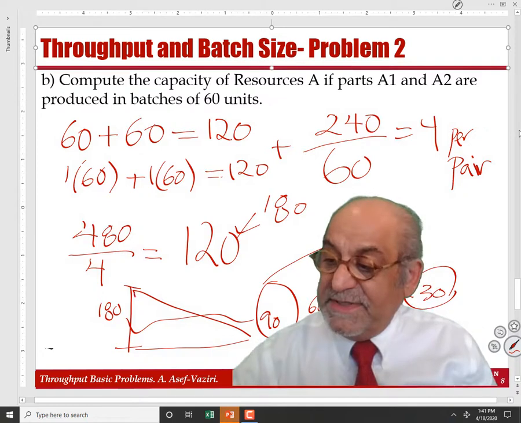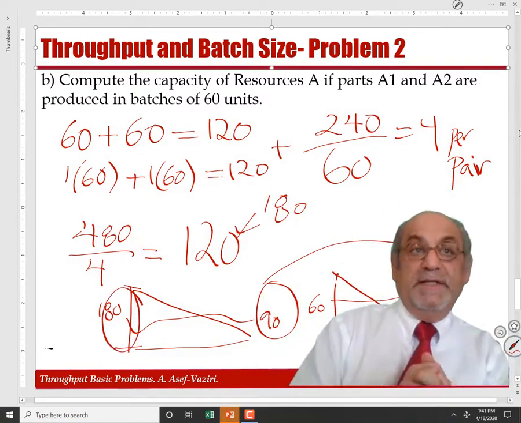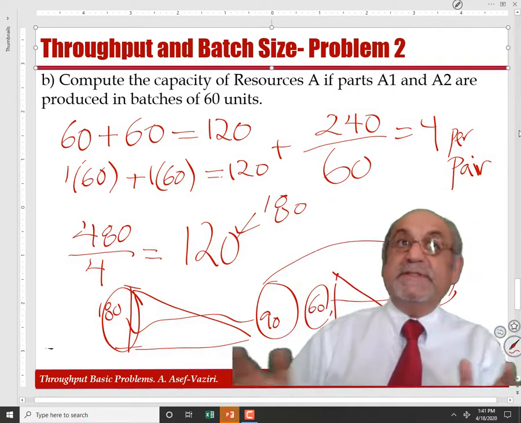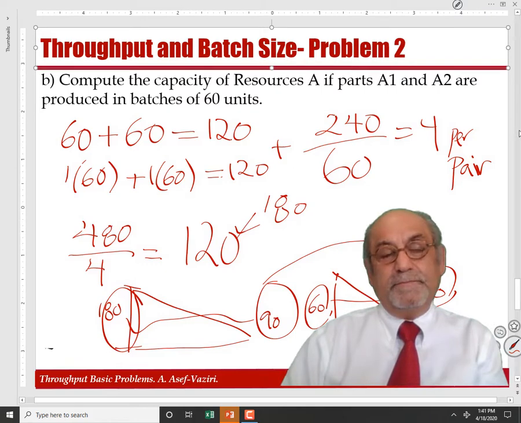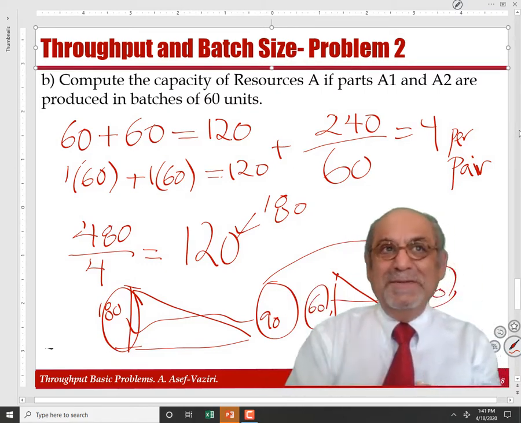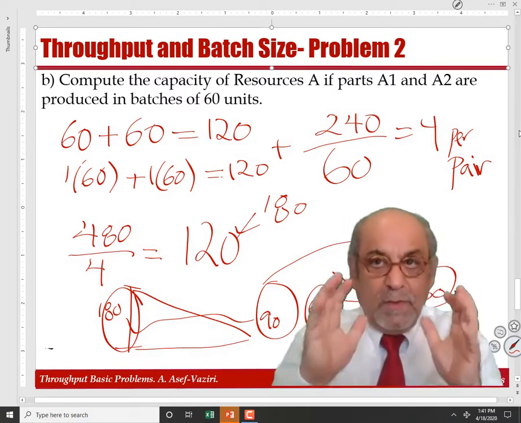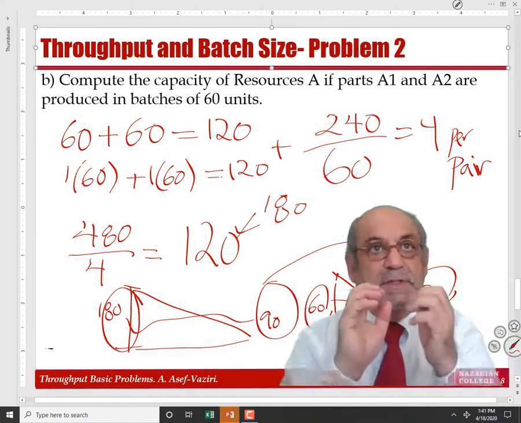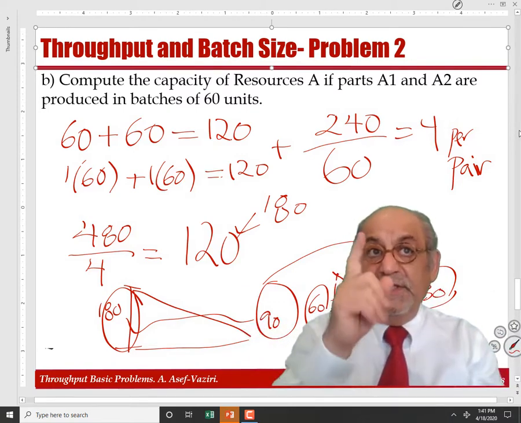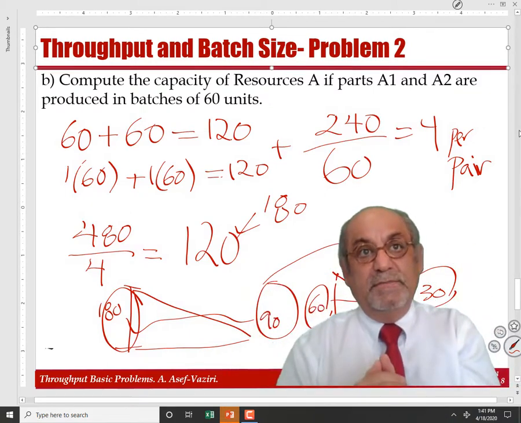Here, if I make a mistake and I find it out later, I should rework 180 units. Here, if I find a mistake, I should rework 60 units. That is the trade-off. Again, don't forget, on bottleneck, always try to have the maximum production, because each unit lost at bottleneck is lost at total system.